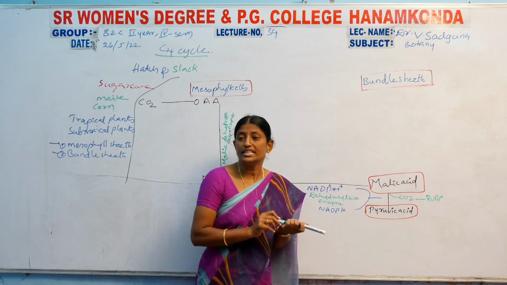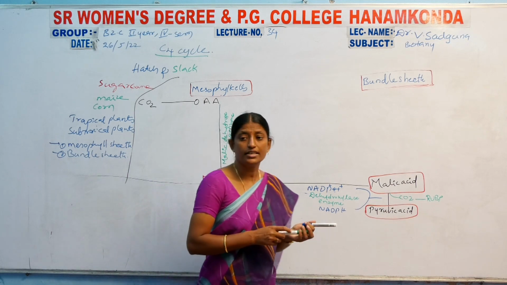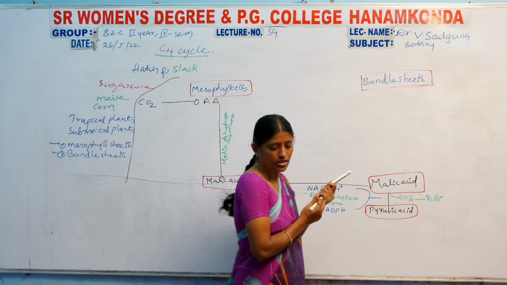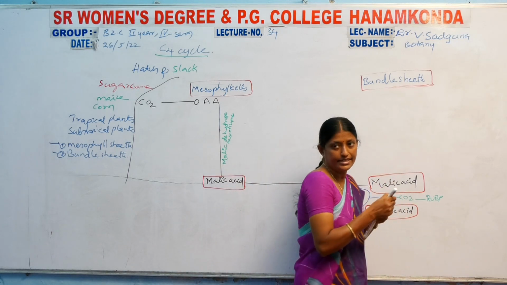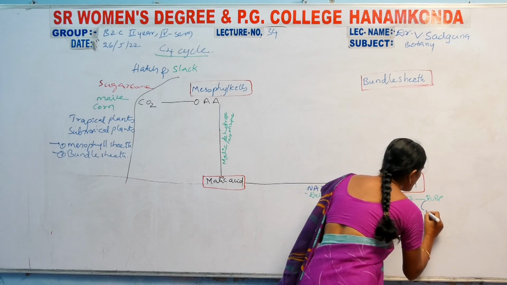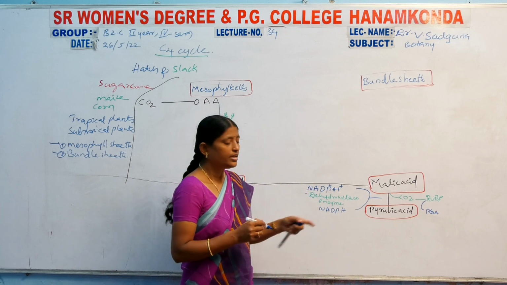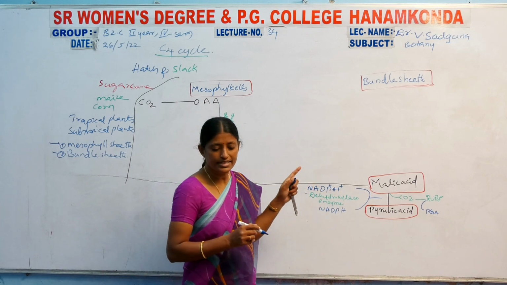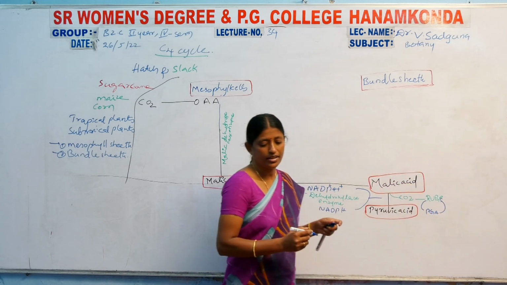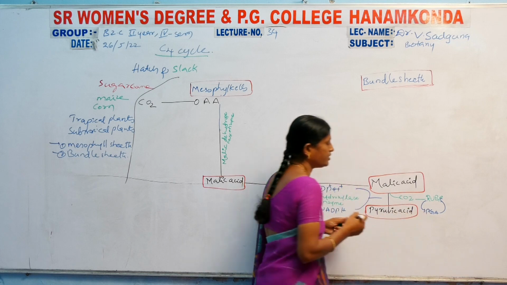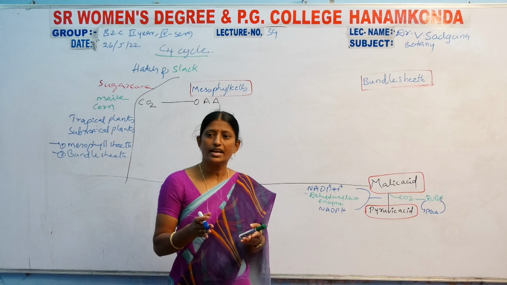RuBP. So this RuBP is present in which kind of cycle? That is the C3 cycle. So now it gives phosphoglyceric acid. Then the phosphoglyceric acid is converted again to RuBP.